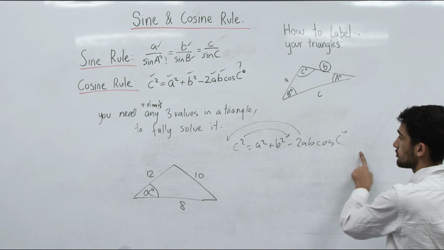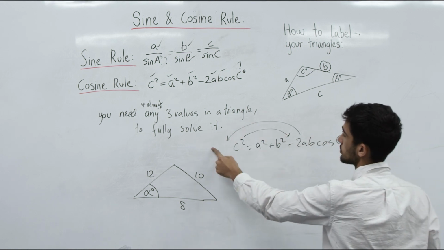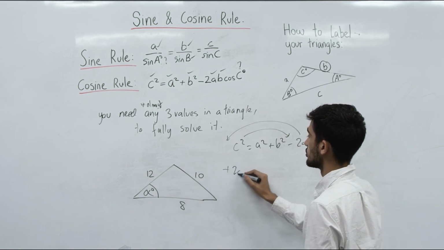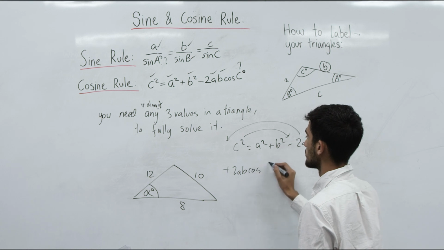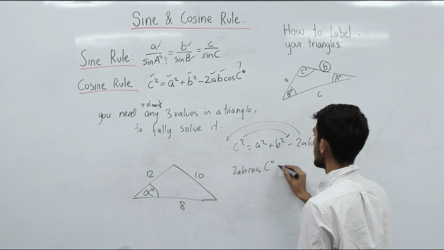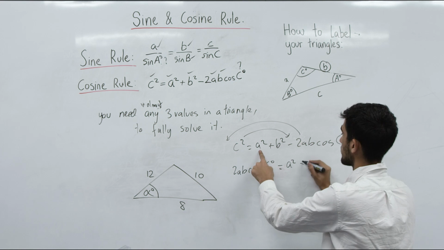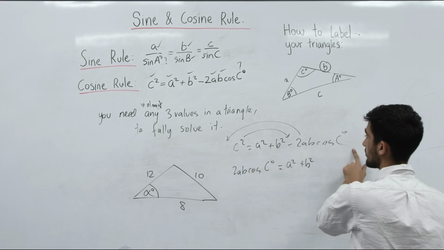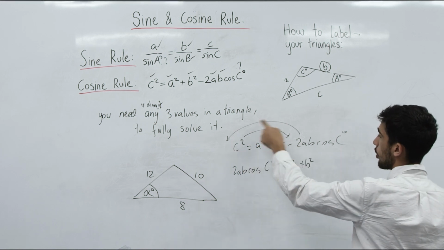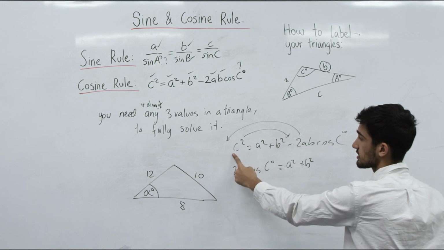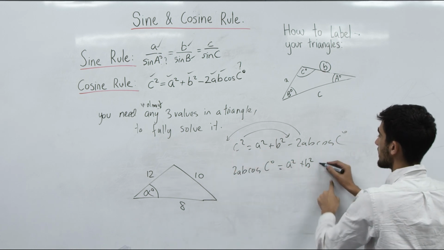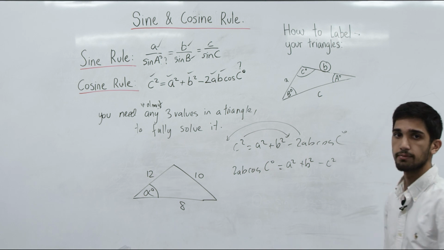If you bring negative 2AB cos C over the equal sign, it becomes positive 2AB cos C equals A squared plus B squared. Now we've gotten rid of that, and we brought C squared over. It was positive on the left-hand side, so it becomes negative on the right-hand side.